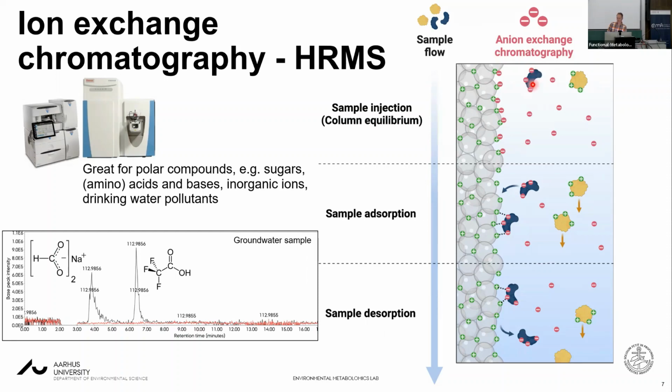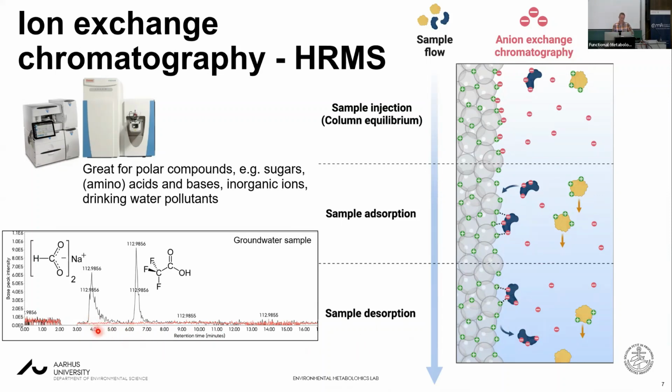In this case, it's symbolized by this nice protein that could stick to the column. And then you can add hydroxide as an eluent or increase the hydroxide concentration, and then the analyte of interest will elute. And then you will get, just like in LC, nice chromatographic peaks.